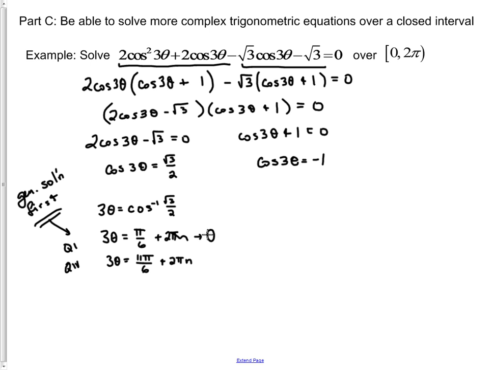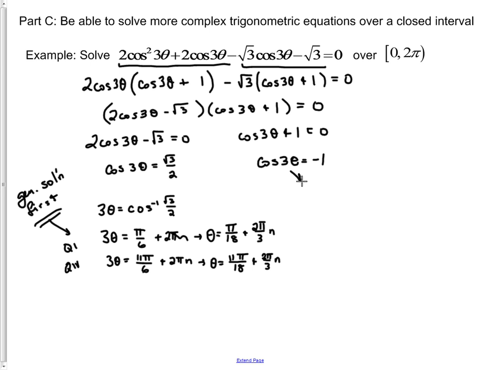So that means if we multiply both sides by 1/3, we're going to get theta is equal to pi over 18 plus 2 pi over 3 n, where n is an integer, and we'll get theta is equal to 11 pi over 18 plus 2 pi over 3 n as a general solution right here. Then we have one more right here.